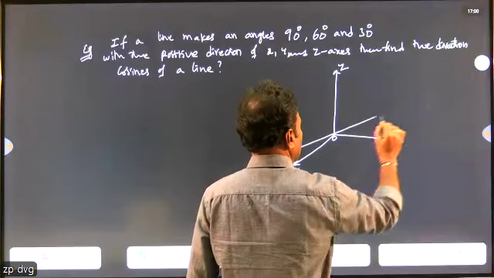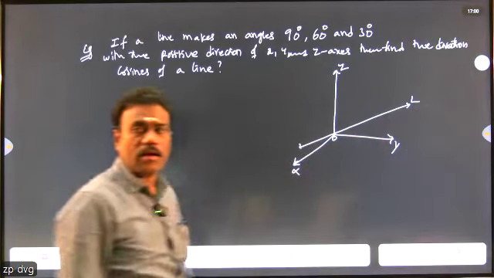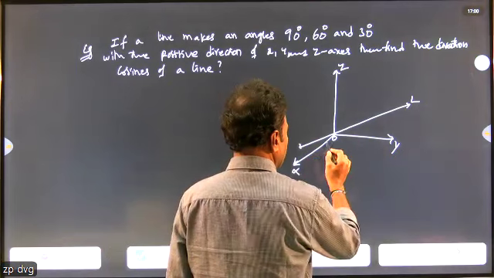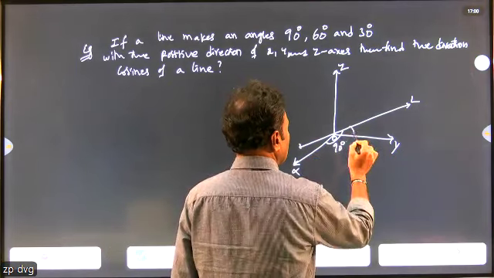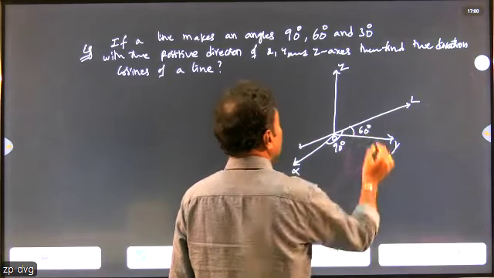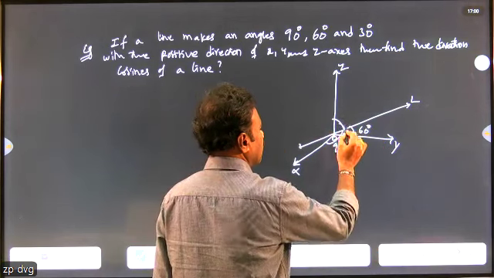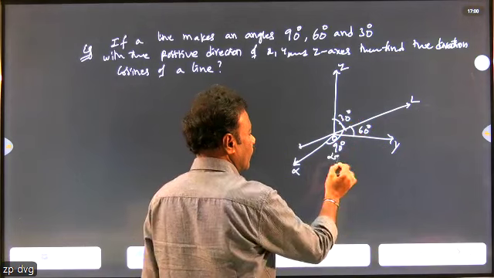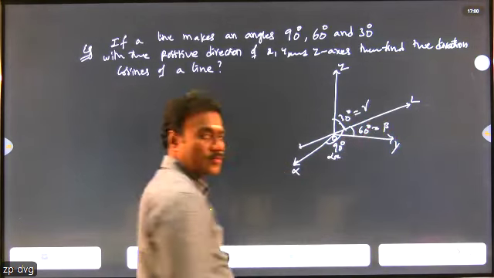This is the line L. It makes an angle of 90 degrees with the x-axis. With the y-axis it is given 60 degrees, and with the z-axis it is given 30 degrees. You can take these as alpha, beta and gamma.